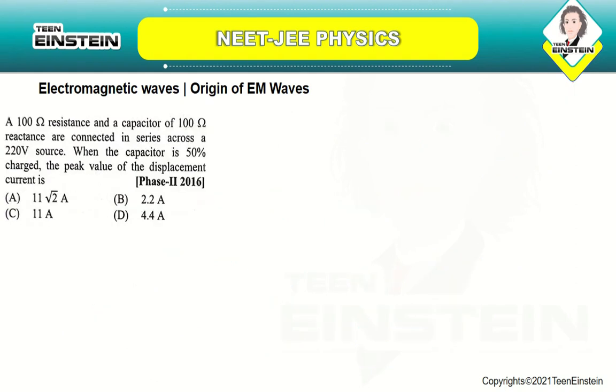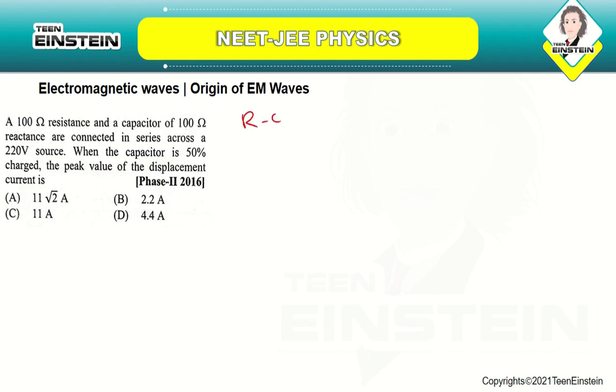A 100 ohm resistance and a capacitor of 100 ohm reactance are connected in series across a 220 volt source. When the capacitor is 50% charged, the peak value of the displacement current is. Okay, so here they are giving you the RC series circuit.